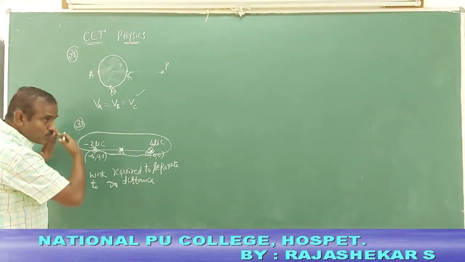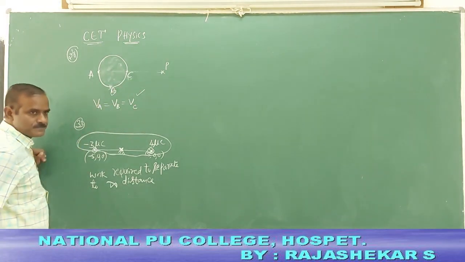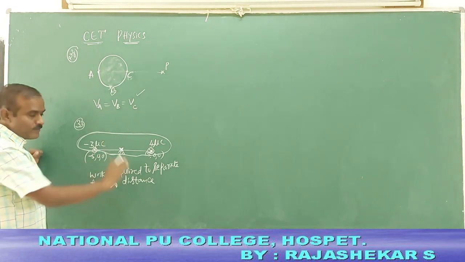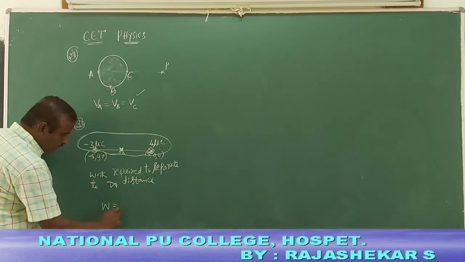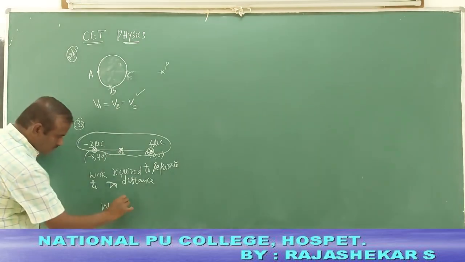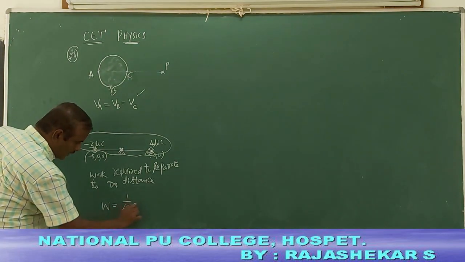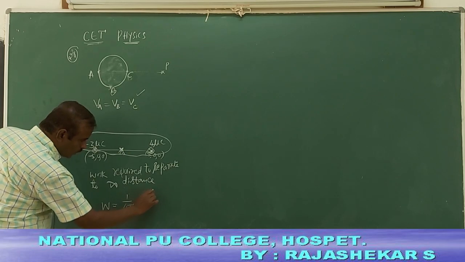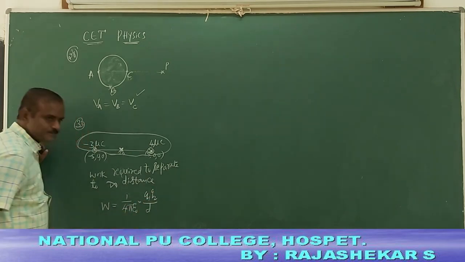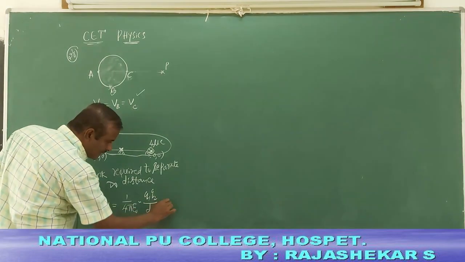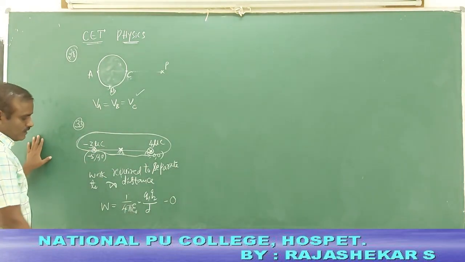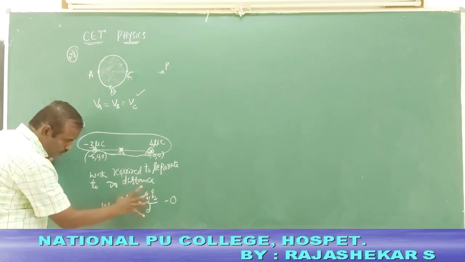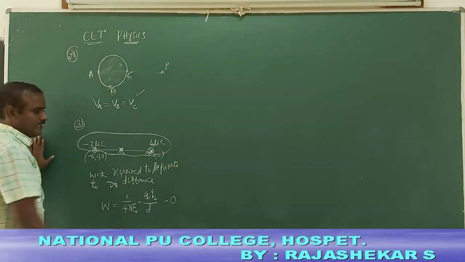And when the charges are moved away to infinite distance, then potential energy between them will be 0. Now at this position, the potential energy is 1 by 4 pi epsilon naught into Q1 Q2 divided by distance. When they are separated by infinite distance, it is 0. The work done is potential energy here minus potential energy at infinity.